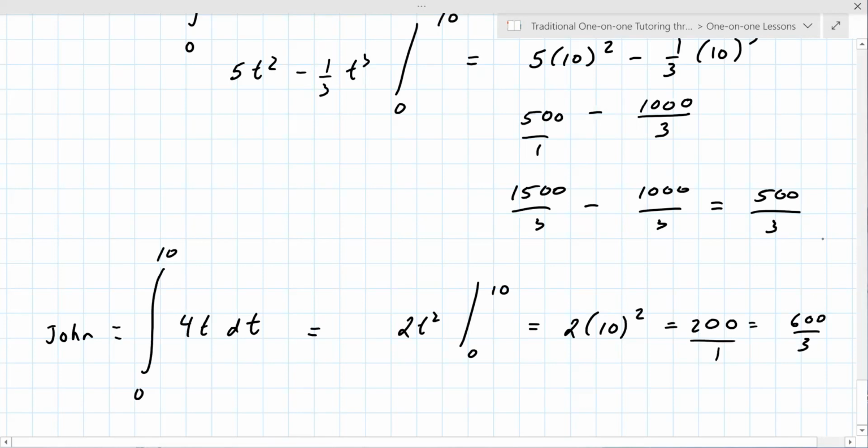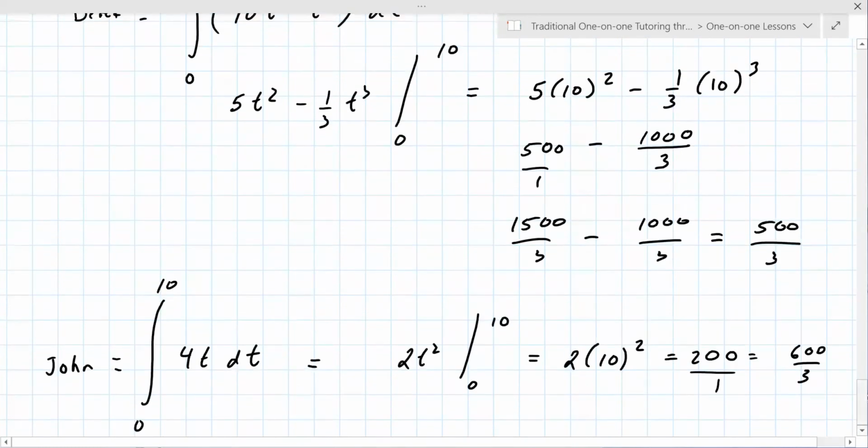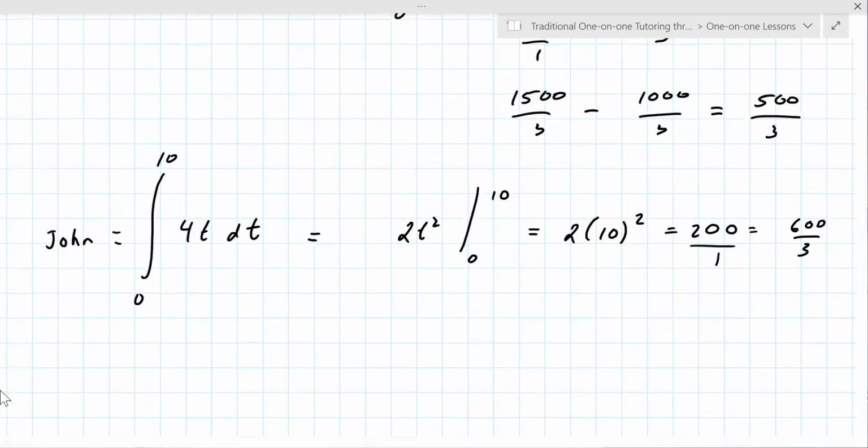So who covered more distance? John did. Okay. And so we can answer it now with some full sentences. So you could say that in the race, Derrick covered a distance of 500 over 3 meters.